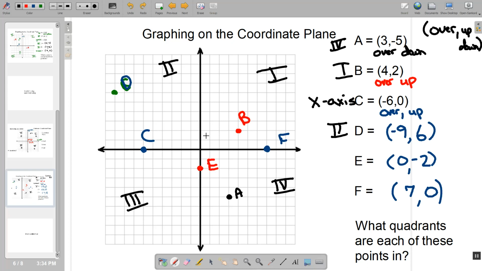Therefore, we are on the y-axis. And then finally, F, also on the x-axis. So for quadrants, it is entirely possible to be on the origin, the x-axis, or the y-axis. But otherwise, you have to be in one of the 4 quadrants.